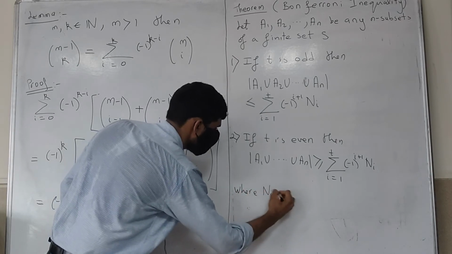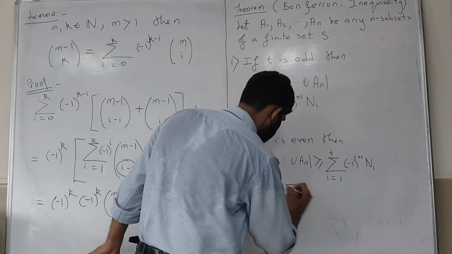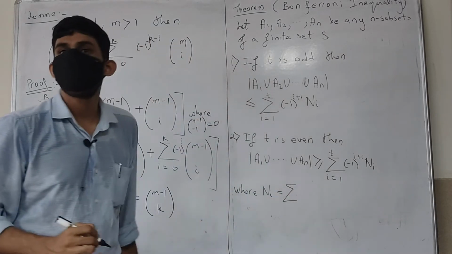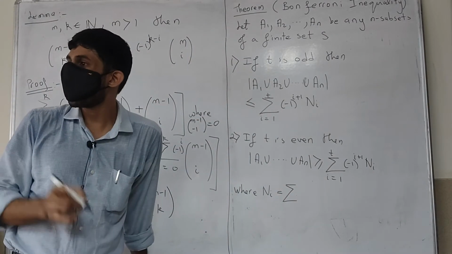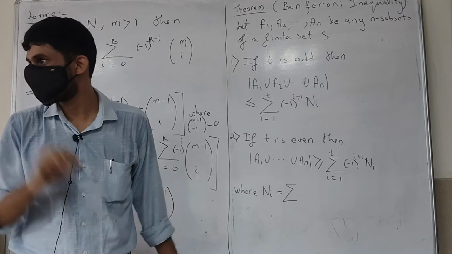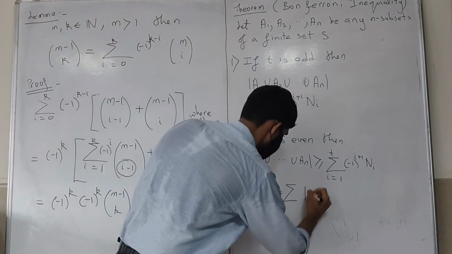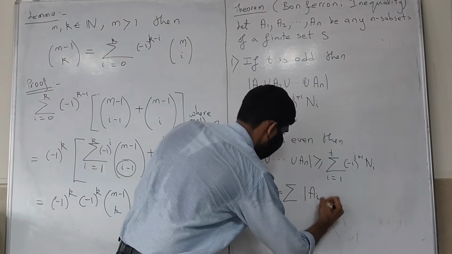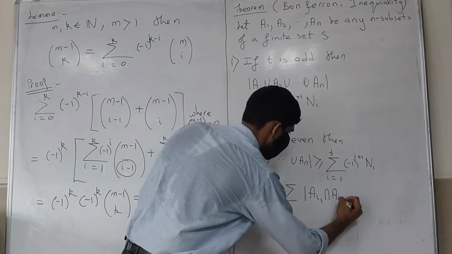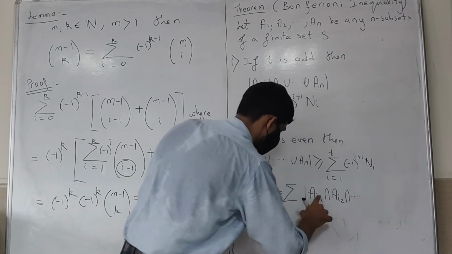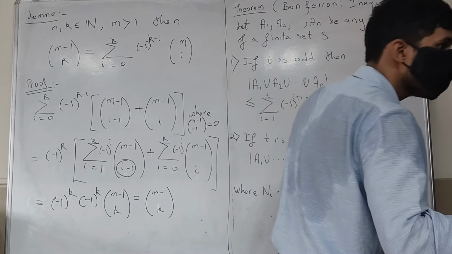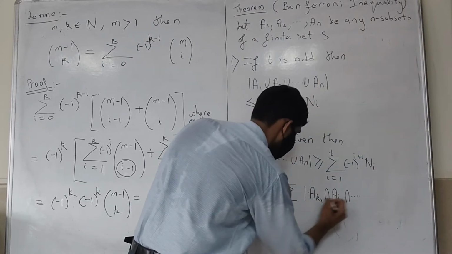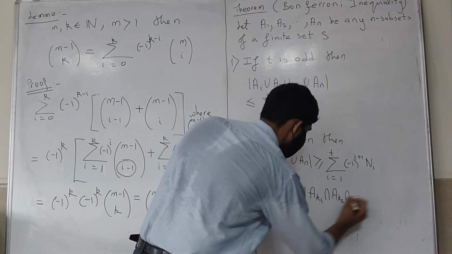Ni is nothing but the sum of the cardinalities of the i order intersections, that is something like A k1 intersection A k2 up to A ki.